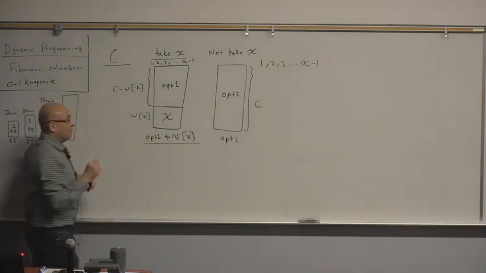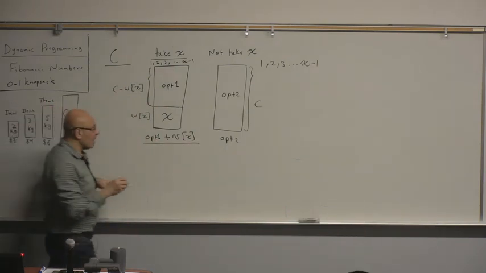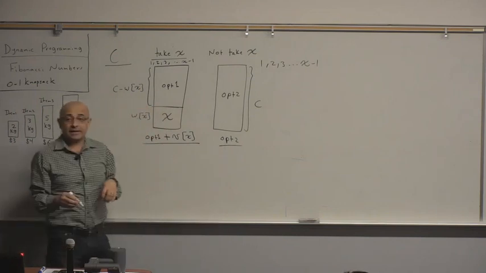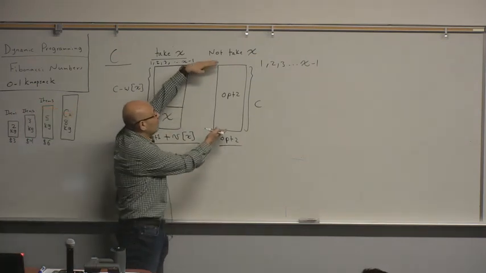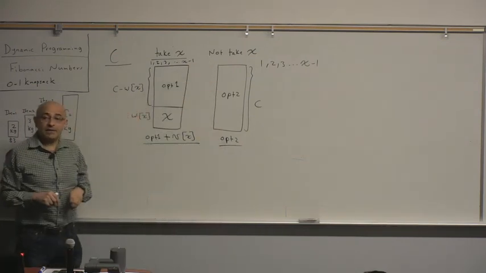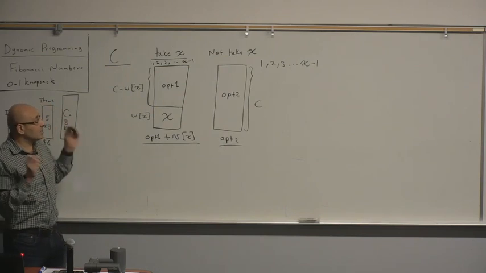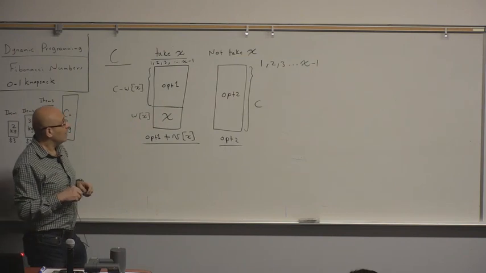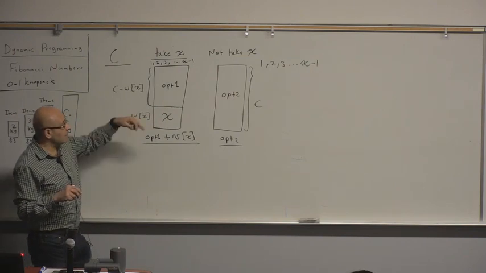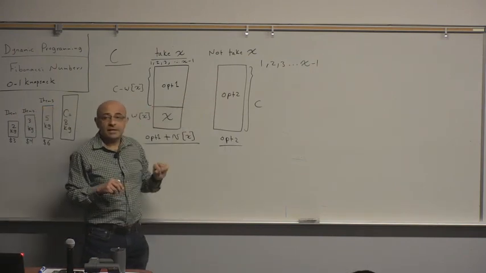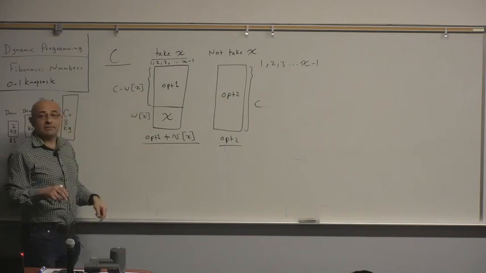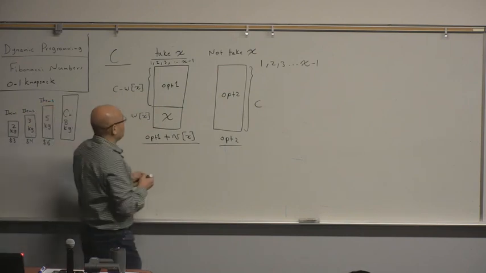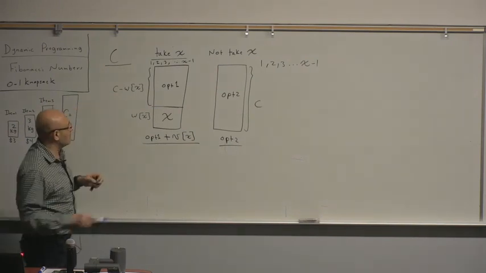This is the first option. The second option is if I don't take x, then I will have the whole capacity available, and I will just take the best subset out of the other items that I can fit here. Then I compare these. For example, let's put some numbers.